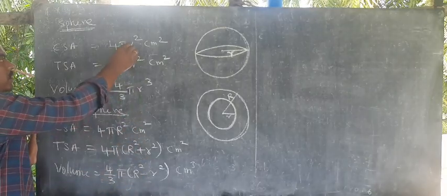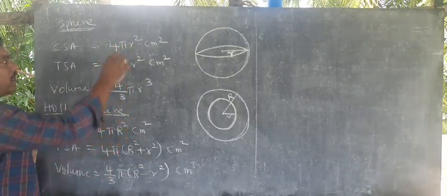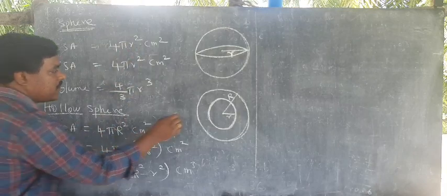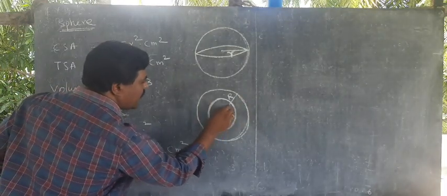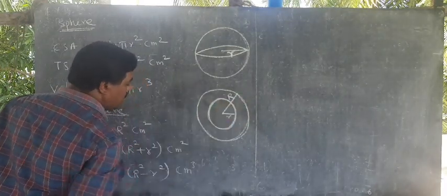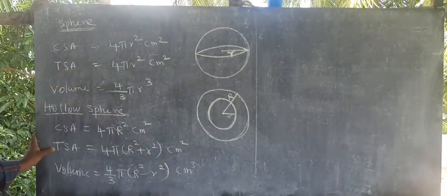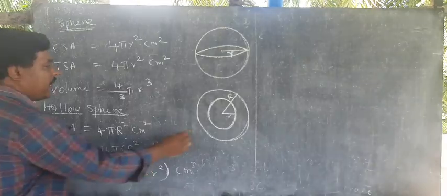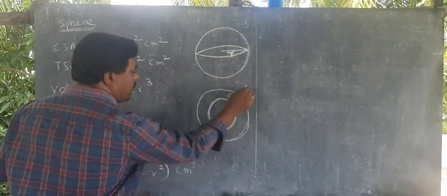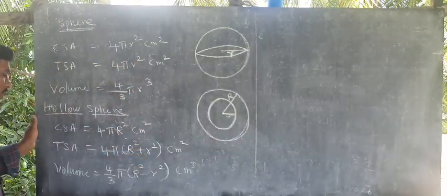CSA of a hollow sphere means the outer area only. The outer area we mention as capital R, so 4 pi capital R square. TSA, total surface area, means 4 pi times small r square and capital R square, so R square plus r square.